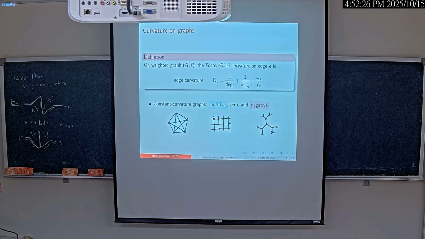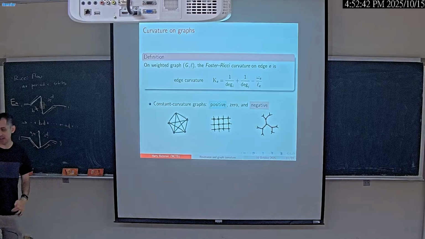Right, so now we finally have gotten to the main definition for this talk. Here is a proposed formula for an analog of Ricci curvature on a graph. Typically this will be for a finite graph.